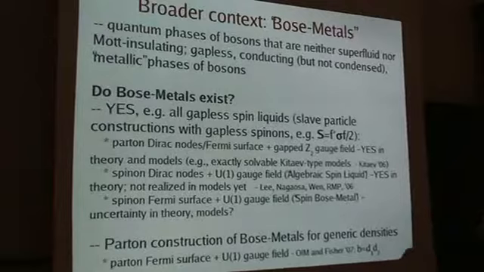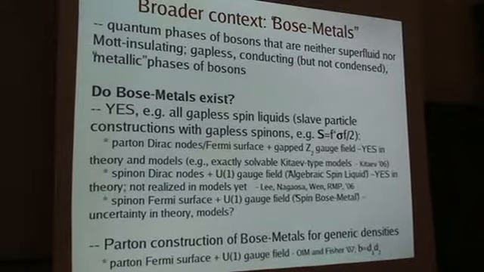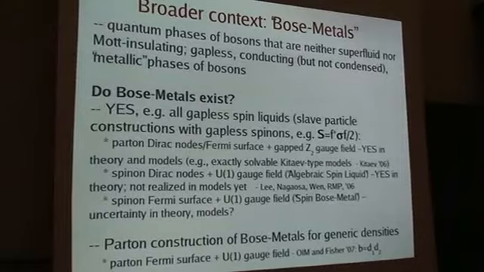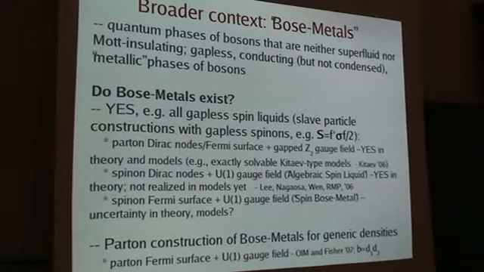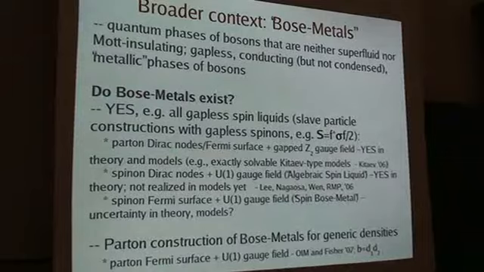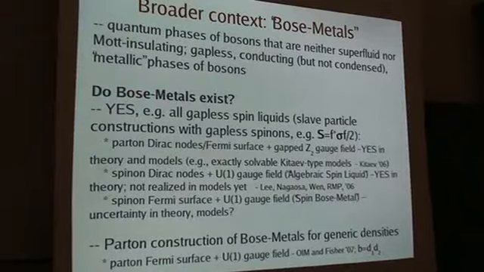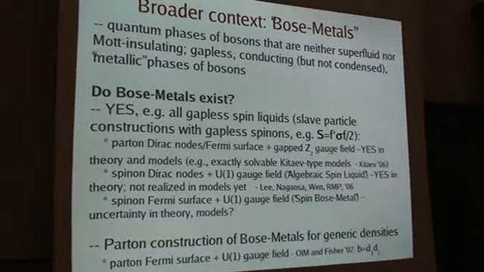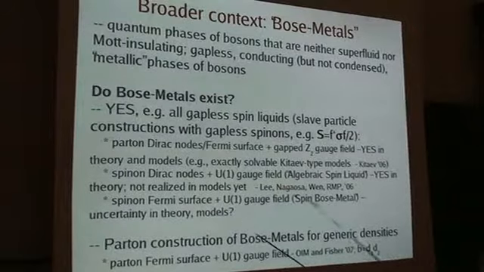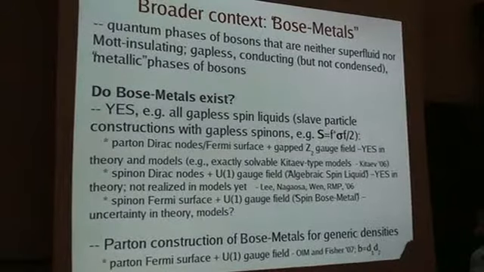So the broader context is thinking about Bose metal type phases. These are quantum many-body states of bosons, where bosons are neither condensed nor Mott insulating, but instead are in some gapless itinerant state, and hence the name metal.